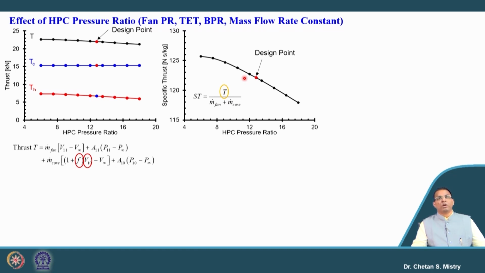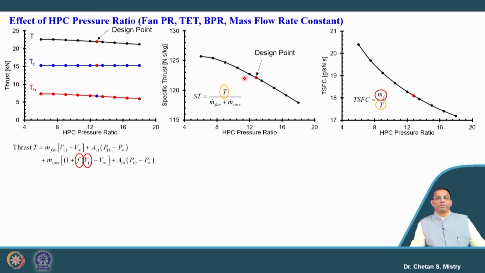Now, let us look at the variation of this HPC pressure ratio. Here this is our design condition. It says that when our HPC pressure ratio is lower, our thrust specific fuel consumption will be higher. With the increase of this HPC pressure ratio, thrust specific fuel consumption will be reducing.